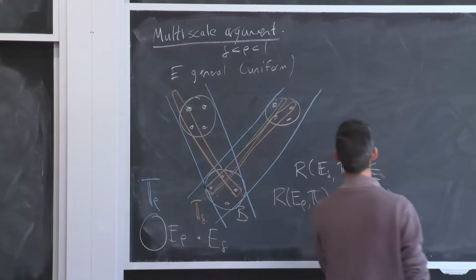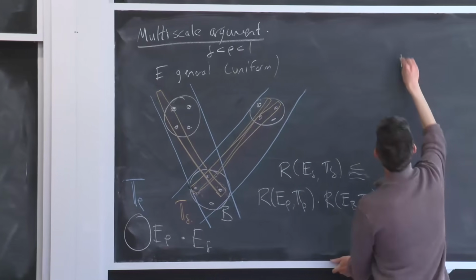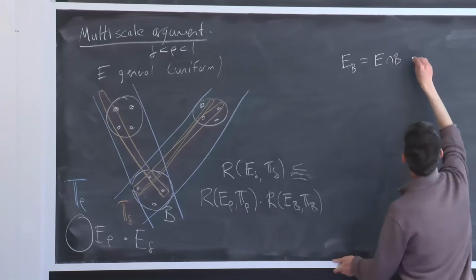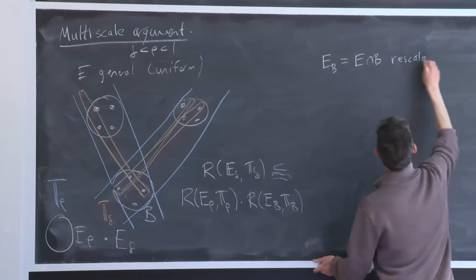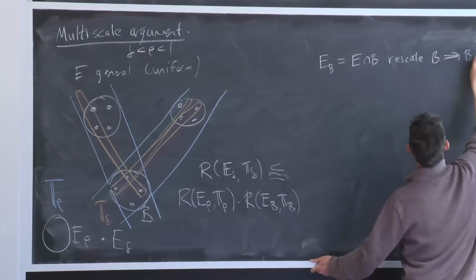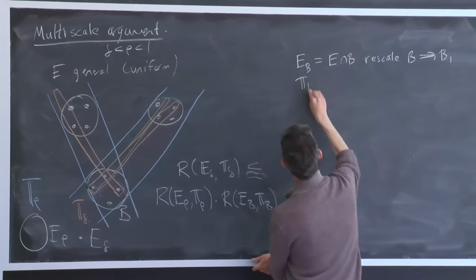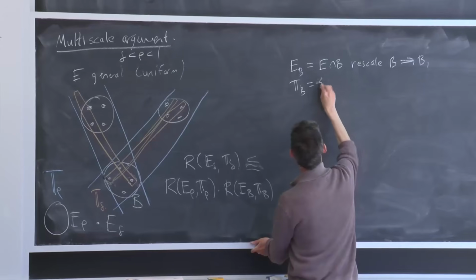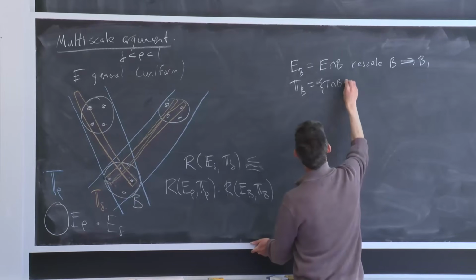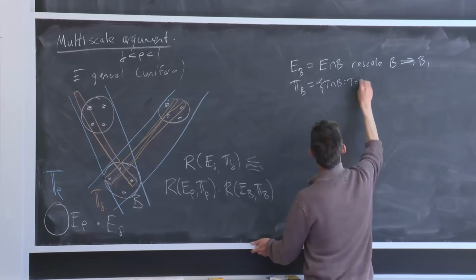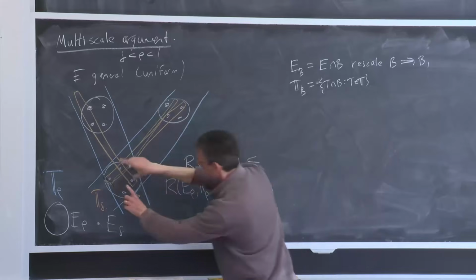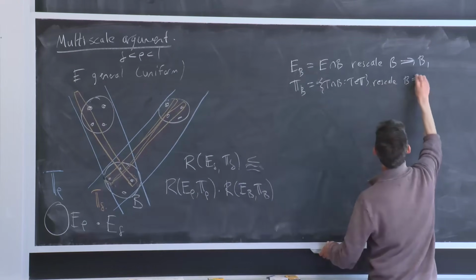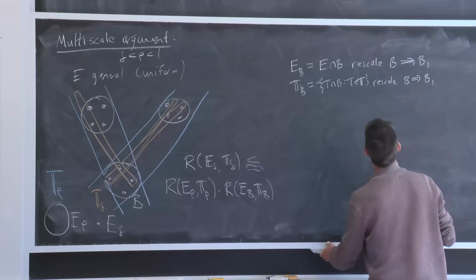What is E_B T_B? E_B is just E intersect B. And then let's rescale it so that B becomes a unit ball. And T_B is, you take T intersect B, where T is in T, all these little pieces of tubes. And then again, you rescale so that B becomes the unit ball.